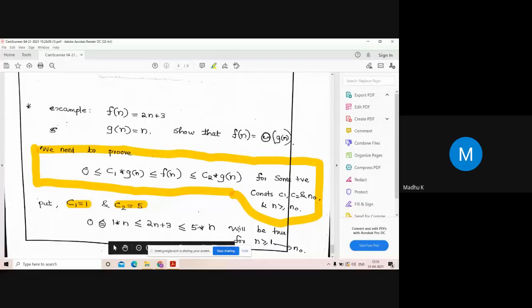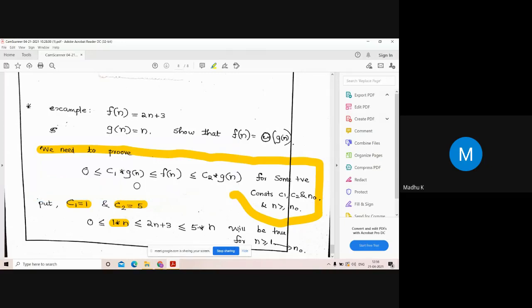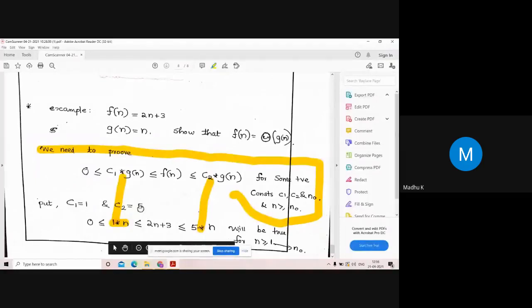So 0 less than or equal to 1 star n, that is C1 g of n. I put C2 equal to 5, so 5 star n. Then f of n always lies between these.